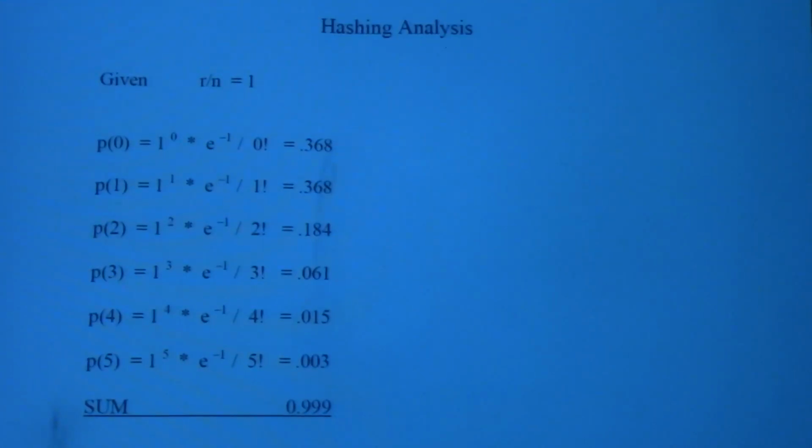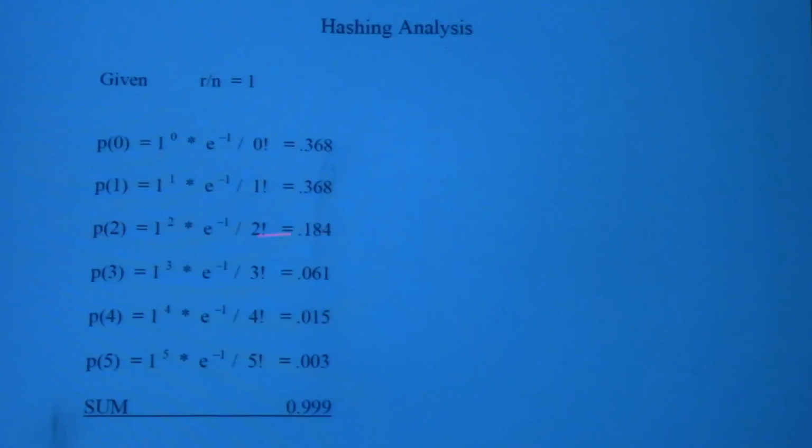So now let's talk about how many records are actually going to be colliding. Suppose we have 1,000 records, which means R is 1,000, N is 1,000. So 368 slots out of 1,000 are going to have a single record, no collision.